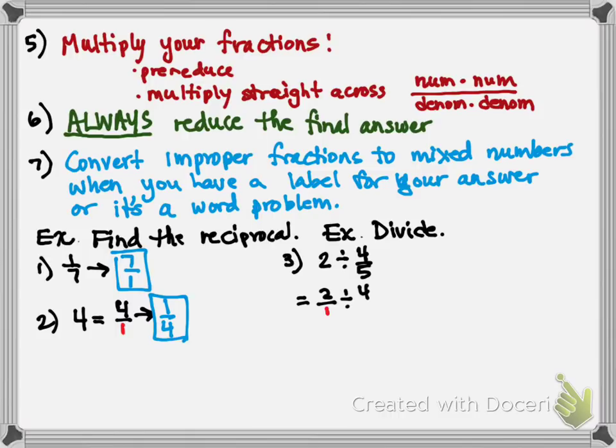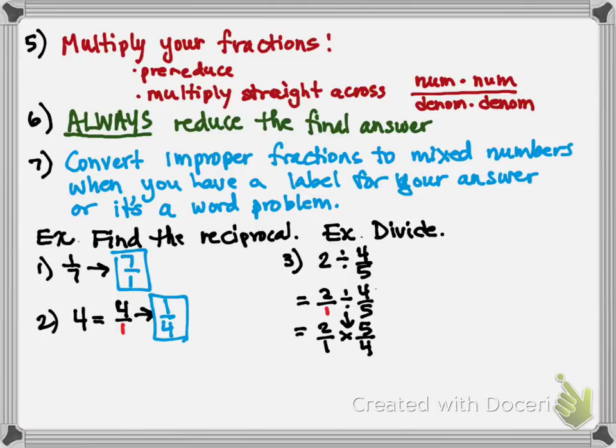And we have the division problem. Now that we've started, now it's time to manipulate this problem. So 2 over 1 stays. Division becomes multiplication. But in order to change the operation, I need to change what comes after it. And that change is going to be the reciprocal. So we're going to get 5 over 4.